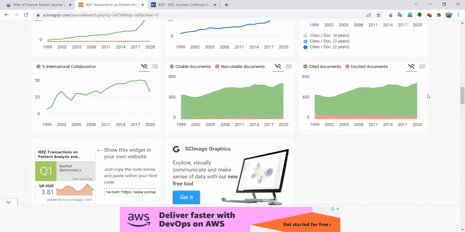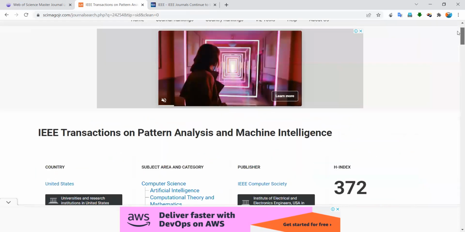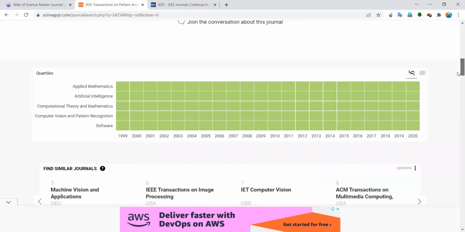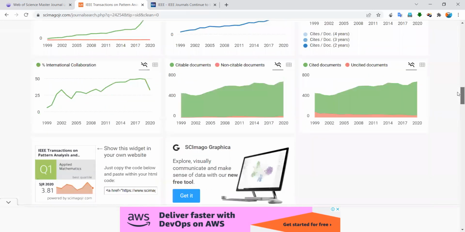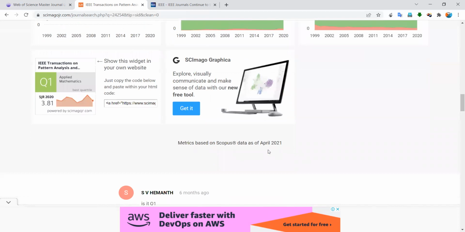The number of citable documents depends on how many authors are working in your field. So you can have an idea of how many different authors or institutions are working in the field of machine intelligence and pattern recognition. Okay, so here I think you have got the idea about this particular journal.